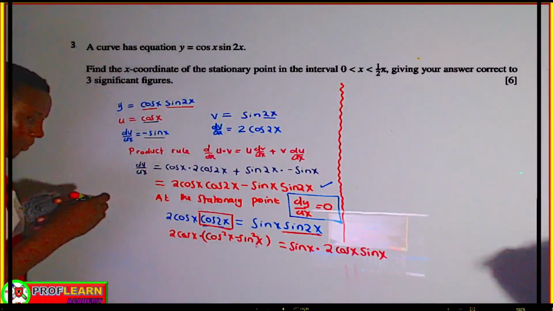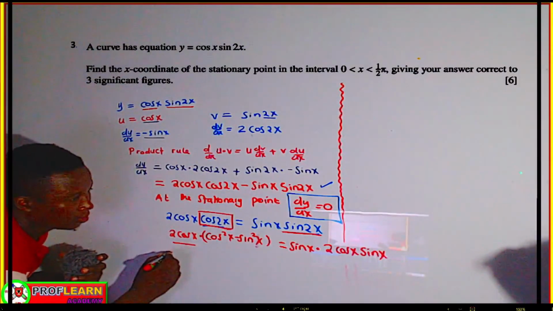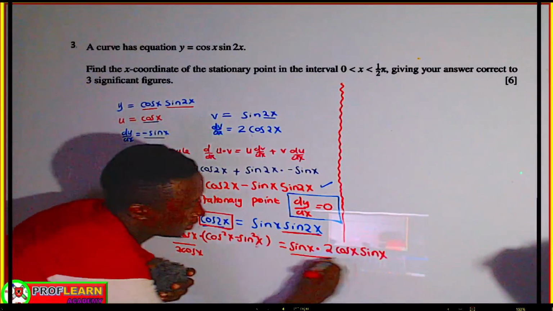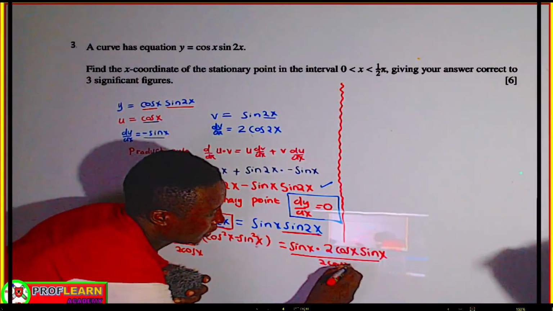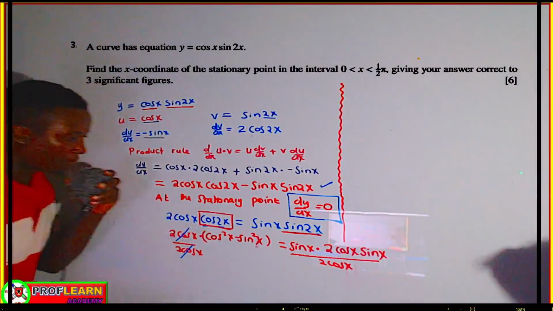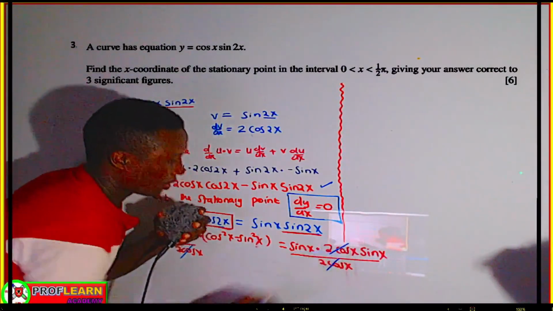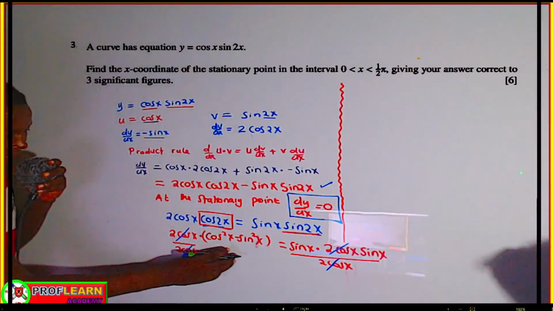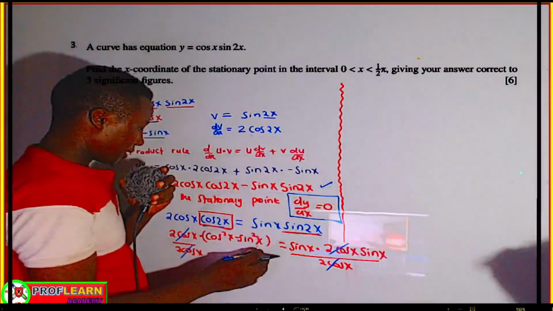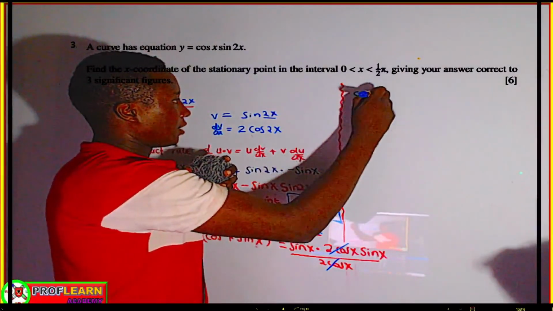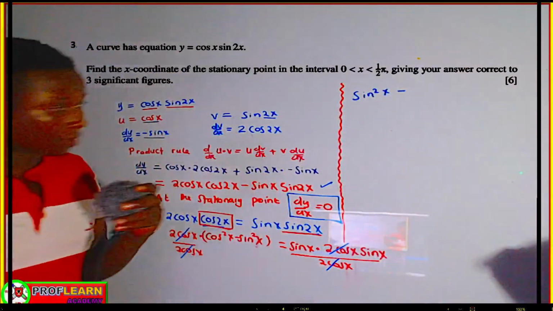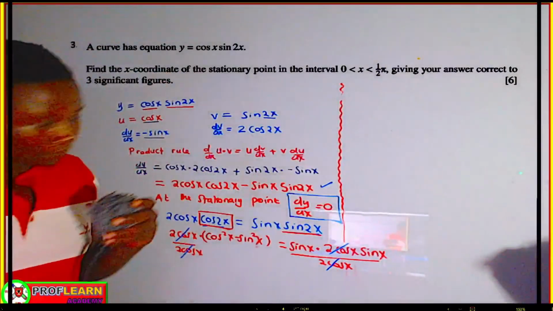So at this point you can see I can divide by this 2 cos x, and I can also divide here by 2 cos x. Now I have all the rights according to the laws of maths to cancel these, and we end up with a very beautiful equation. Okay, let me just change this.